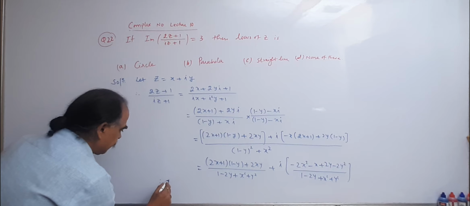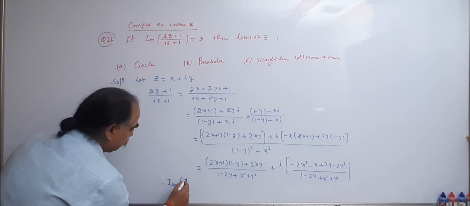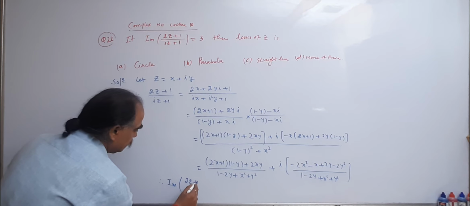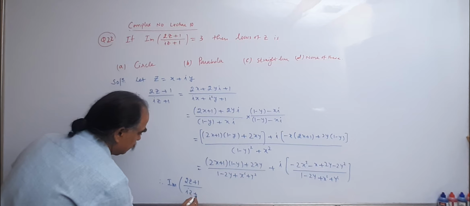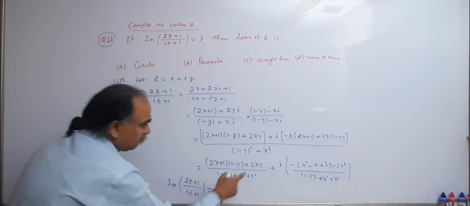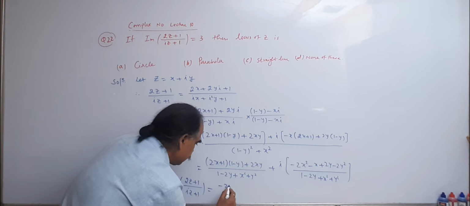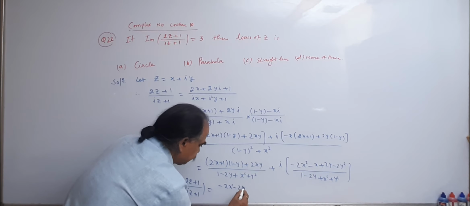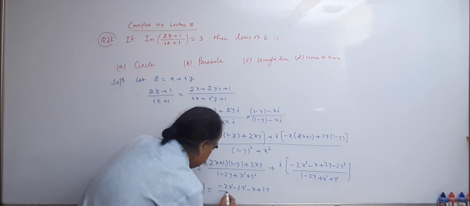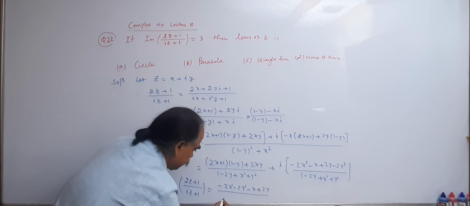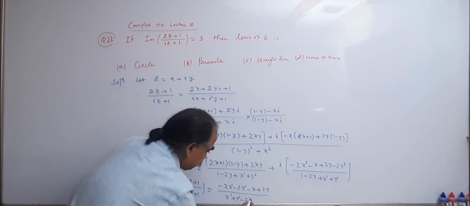Therefore, imaginary part of 2z plus 1 upon iz plus 1 is what? Minus 2x square minus 2y square minus x plus 2y divided by x square plus y square minus 2y plus 1.